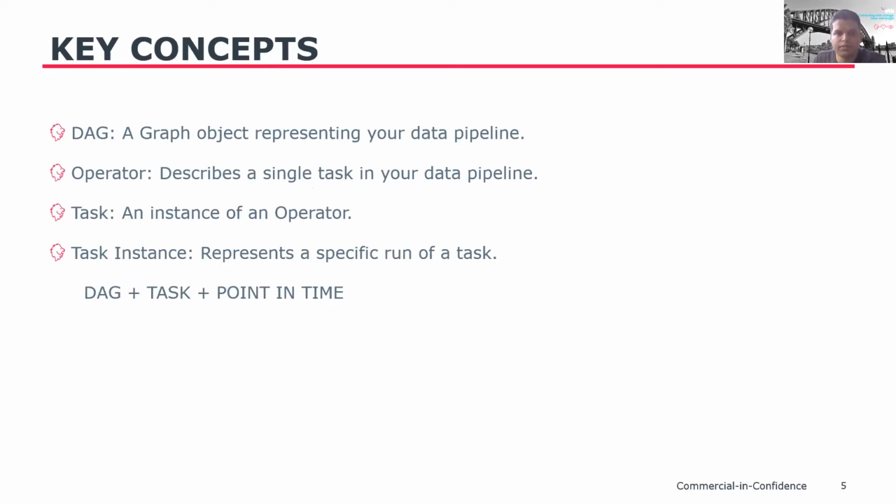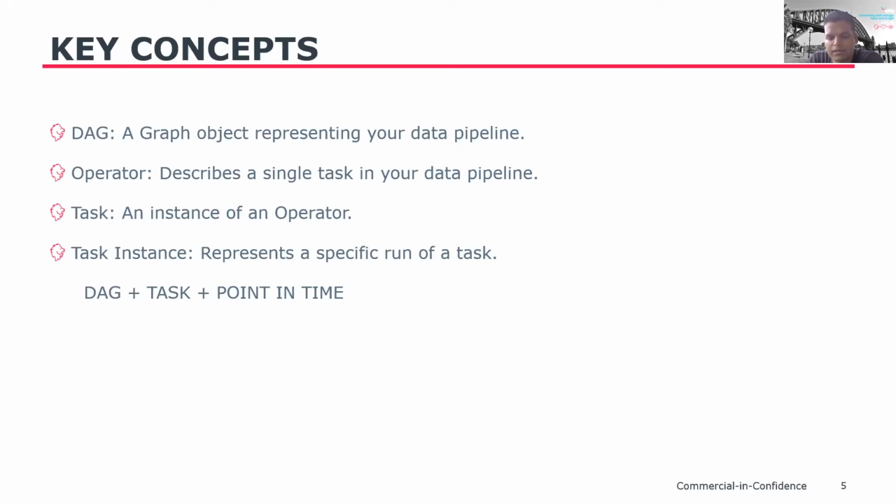All right, some key concepts of Airflow, for people who are familiar it could be a refresher, and for people who are new, just to understand the context. The most important concept is, of course, the DAG, which is a Python-based file that graphically represents your data pipeline.